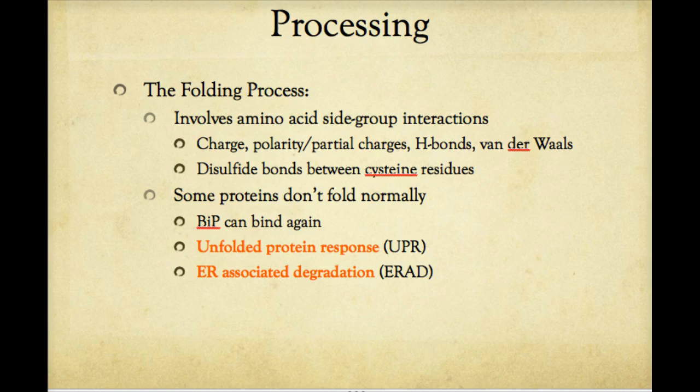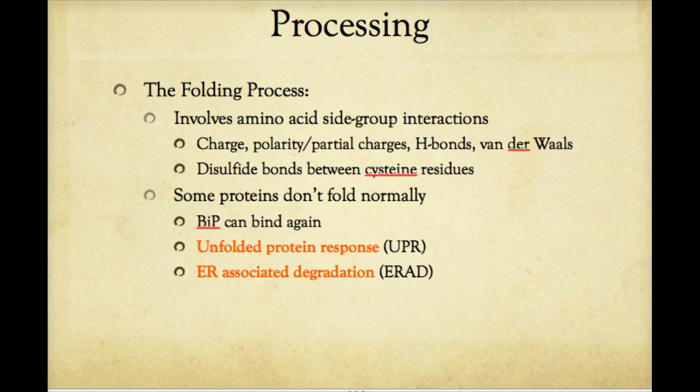For example, disulfide bonds are important between the amino acid cysteine and other amino acids that contain sulfur. So the molecular chaperone proteins bind and guide the folding of each new polypeptide into its mature protein form.